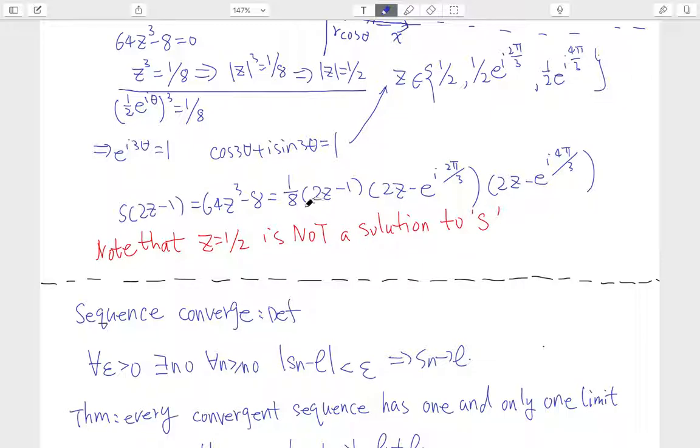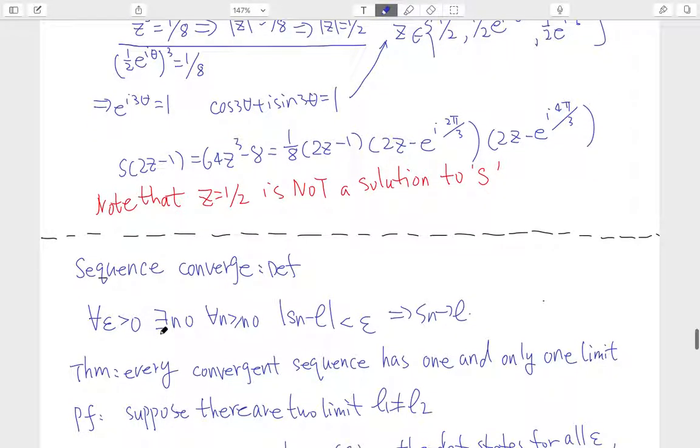Now, let me come to the second part on sequence convergence. I have already given you the definition of this on my first video, but let me recall what it is.